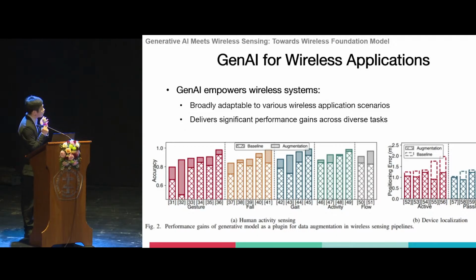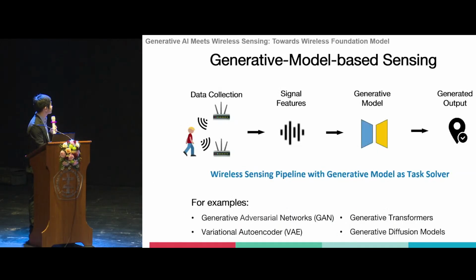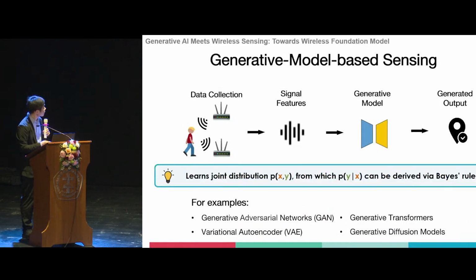For wireless localization, using a generative model for domain adaptation or data completion can also significantly reduce locating errors. This means that even without changing the overall pipeline, we just add a plugin here, and Gen AI can already serve as a powerful performance booster in many wireless applications.